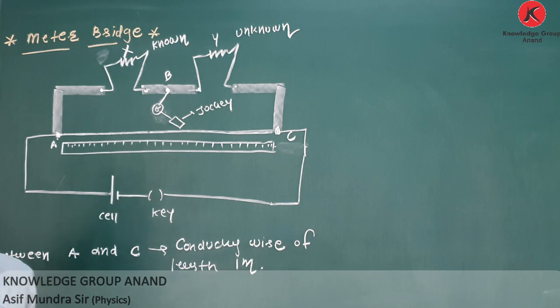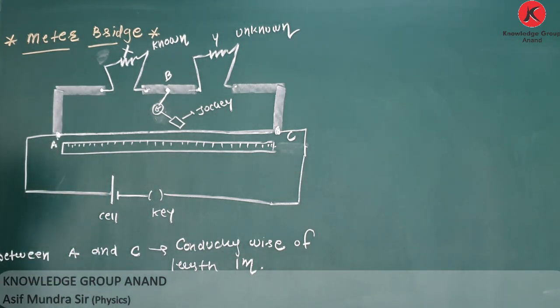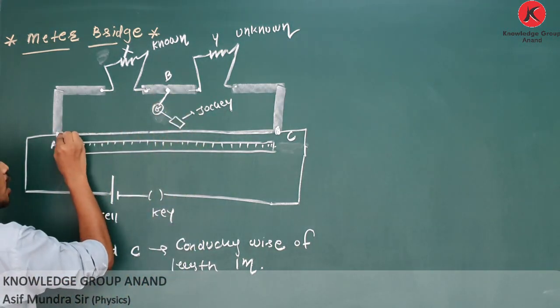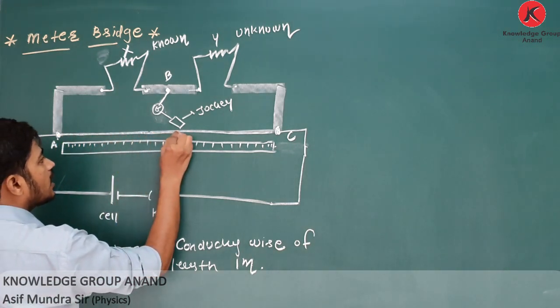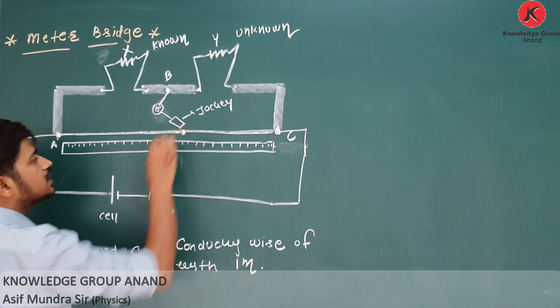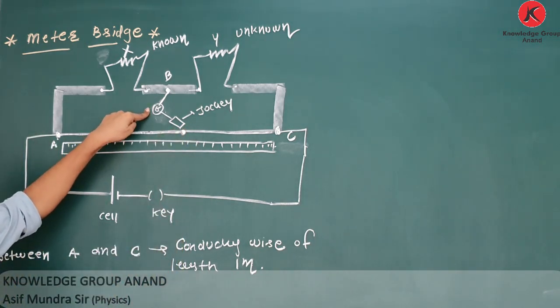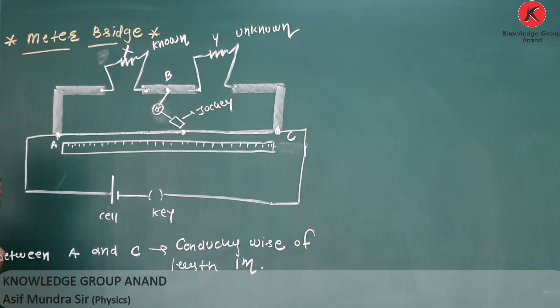If you complete this circuit, you move the jockey on the wire, and let at this point the galvanometer show 0 current, which means the current flowing through the galvanometer is 0.